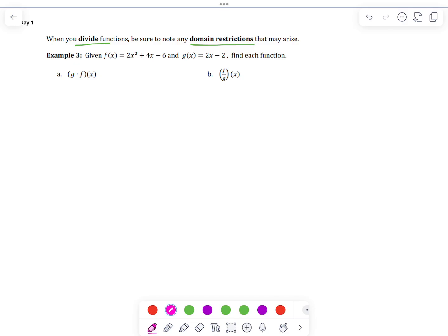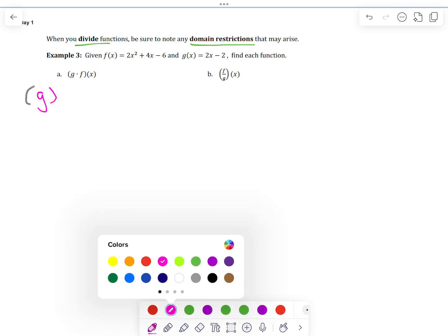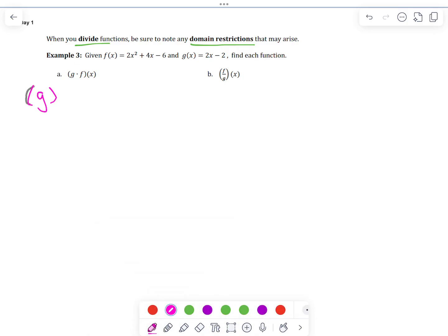In our first, we want to multiply g of x times f of x.